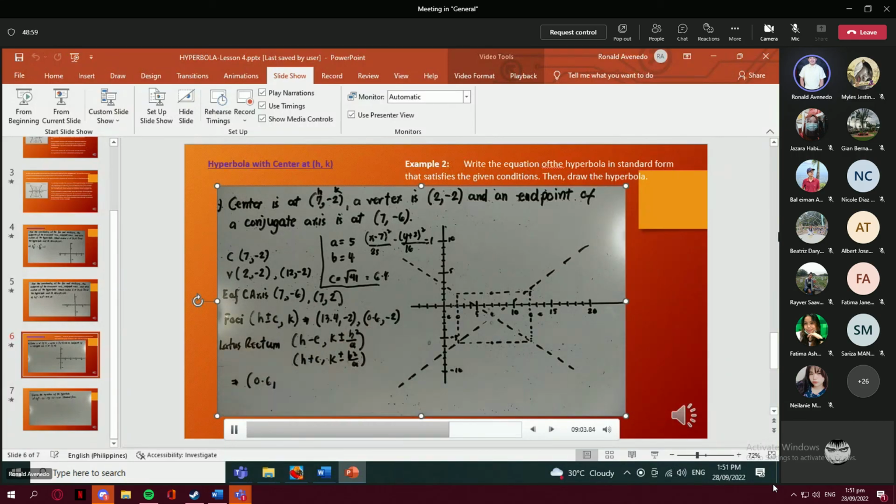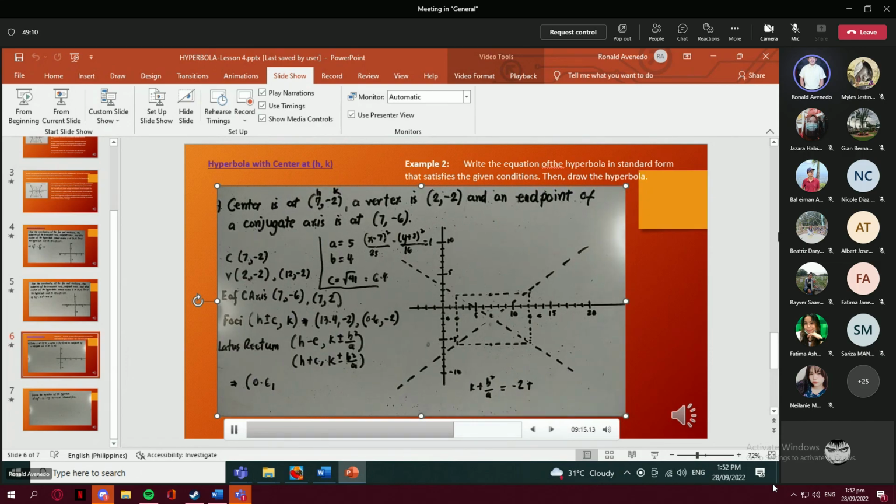Then K plus B square over A. K is negative 2 plus B square is 16 over 5. And negative 2 plus 16 over 5 is 3.2. So negative 2 plus 3.2 is 1.2.